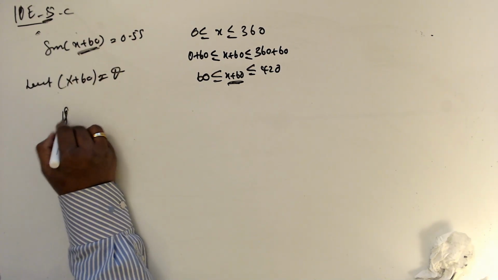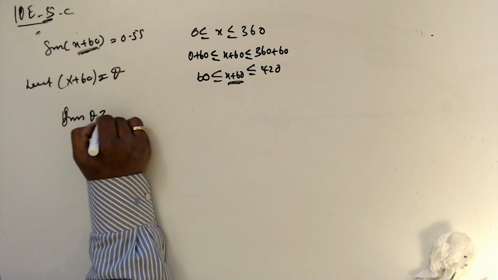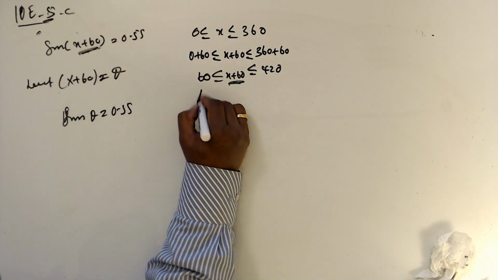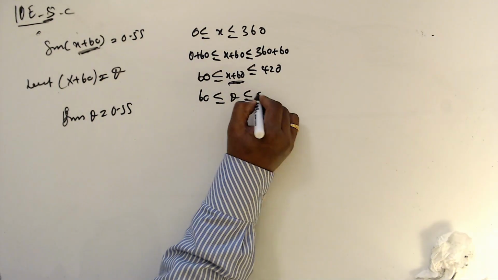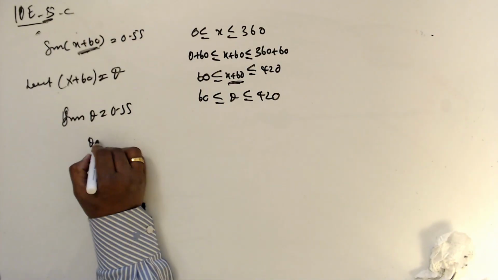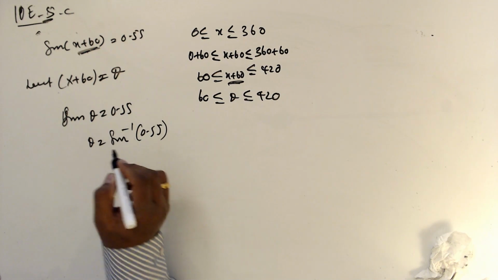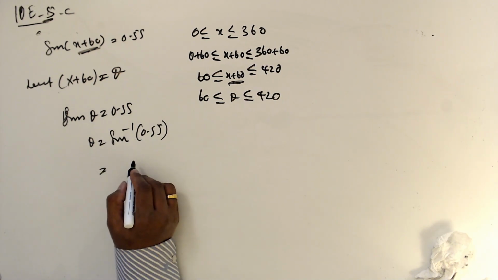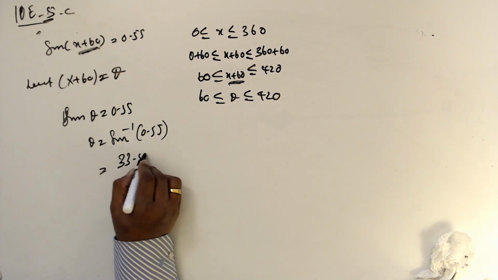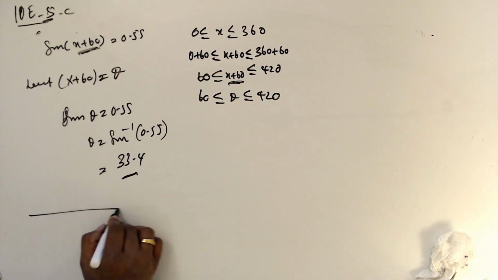Then sin theta equals 0.55, 60 less than theta less than 420. Now theta equal sin inverse 0.55, which is 33.4, which is acute angle.